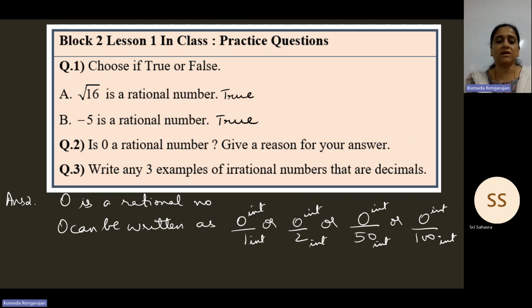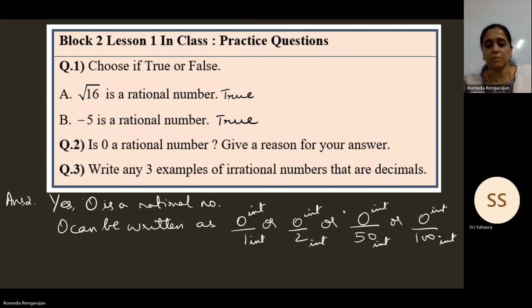Is 0 a rational number? Yes, 0 is a rational number. Yes. 0 is a rational number. 0 can be written as 0 by 1, 0 by 2, 0 by 50, 0 by minus 7.